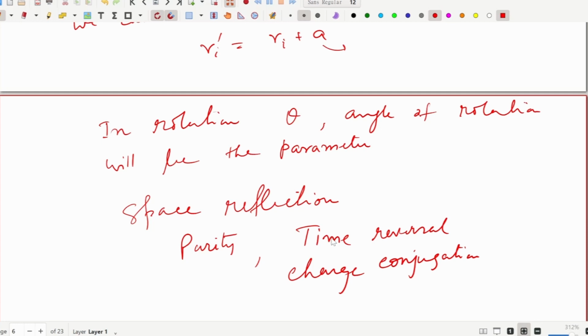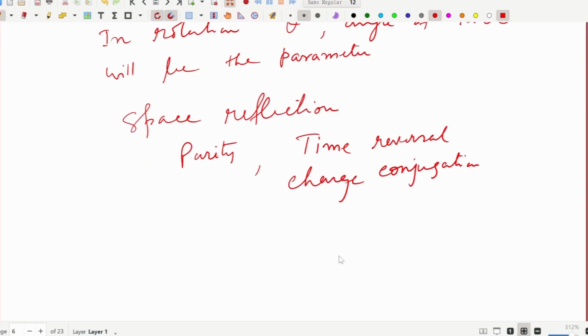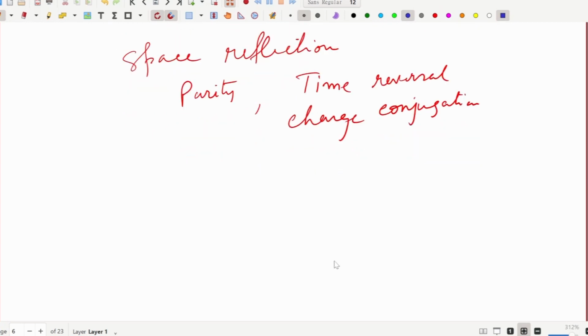Now, we will consider one more very interesting symmetry or transformation, which is related to the principle of mechanical similarity. So, the next topic we will discuss is the principle of mechanical similarity, which is associated with the scaling transformation.